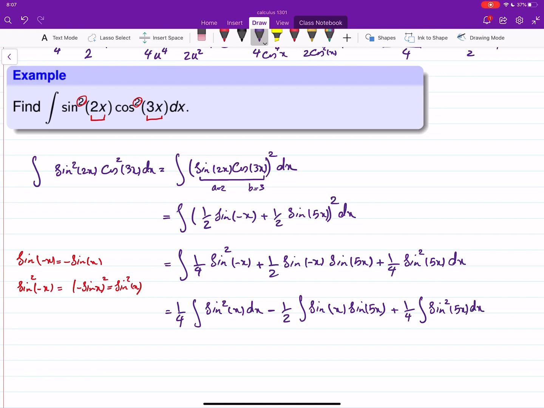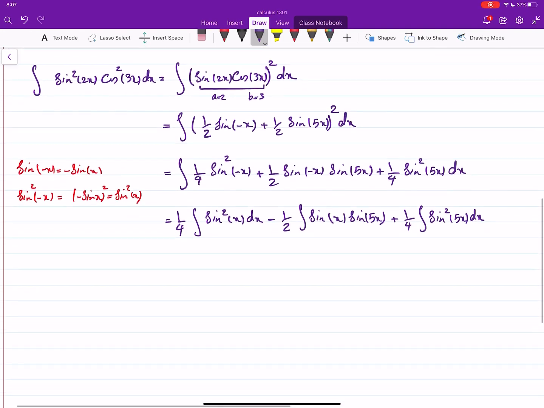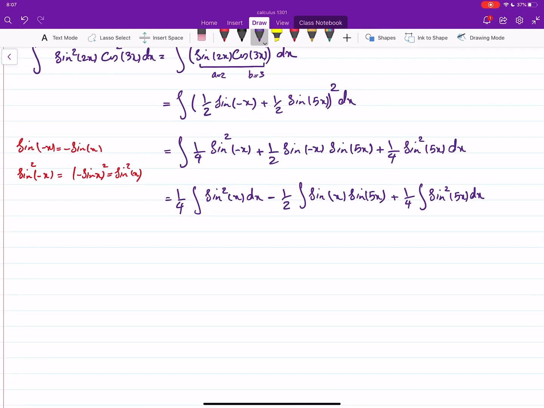Now I have three integrals. Each one has a different format. The first one is one of those integrals where the powers of sine and cosine are positive, so we use the half angle or power reducing identities.